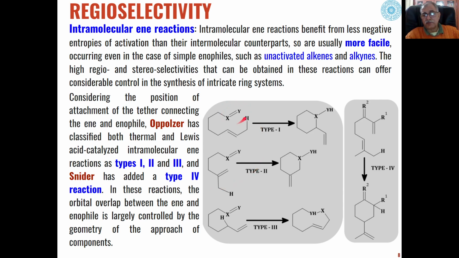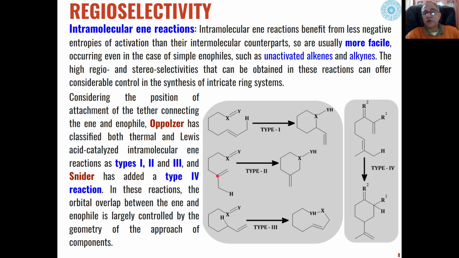So for example, if we have a carbon double bond, where X and Y can be heteroatoms also, and we have an allylic system at this place, then this hydrogen will be transferred to this Y, and this will form a bond with this, and we will get these types of cyclic systems as the product.